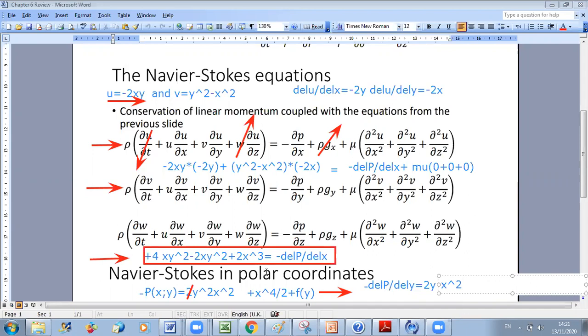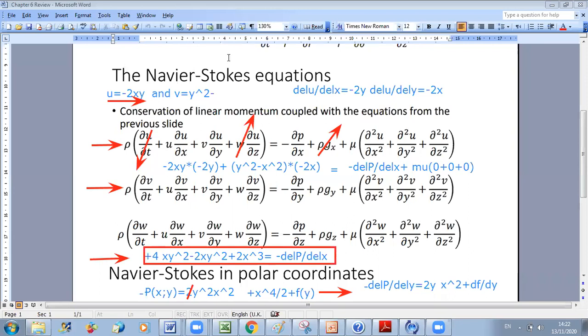And the second term x4 over 2, the derivative is 0 because I consider it's a constant. So I have plus del f by del y, and you can write it, because f is only a function of y, you don't write del, you write df by dy. Okay, so this is the expression I can get from this one.